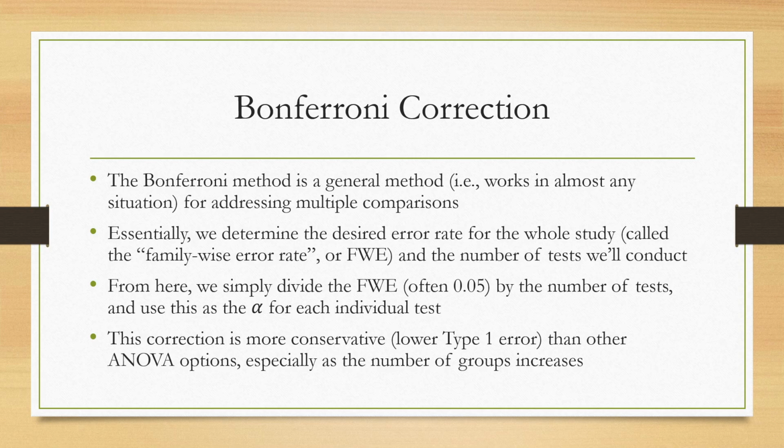So you want to be a little bit careful. If you're running 10, 15, 20 tests, this can be painfully conservative in the sense that you might have to have massive differences to determine a statistically significant difference using a Bonferroni corrected type 1 error rate.